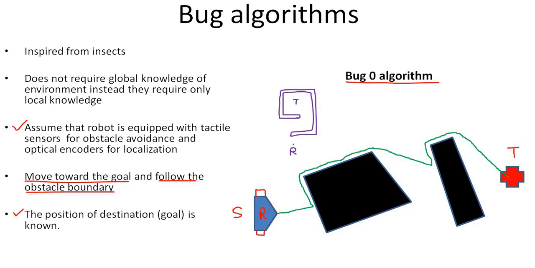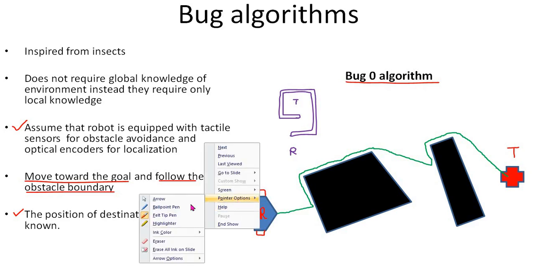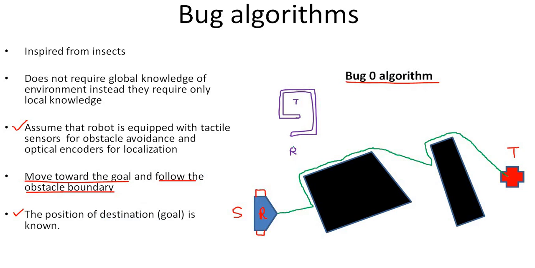In this scenario, the bug algorithm will get stuck because the robot will start moving toward the goal, then it turns left, and as soon as the obstacle finishes, it again moves toward the goal, and then it turns left and follows the obstacle, keeps following the obstacle until it reaches the same position, and it will keep repeating the same thing again and again.